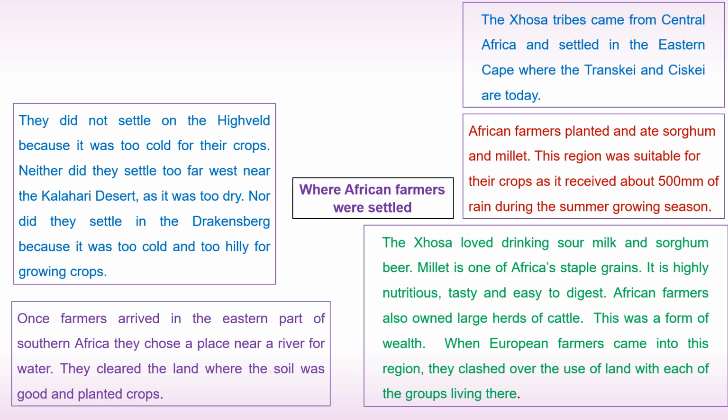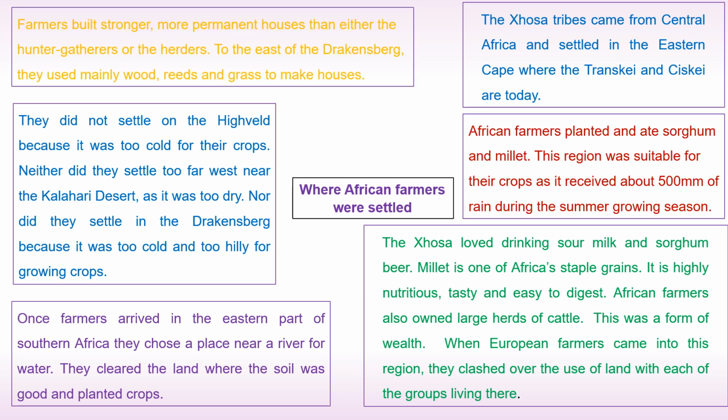So it's important to know specifically why they chose to live in certain areas. Now, the farmers built strong houses towards the east of the Drakensberg, and they made a permanent establishment there, and their houses were made out of wood, reeds, and grass.